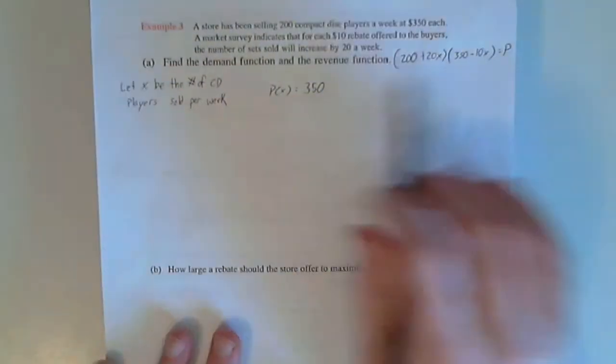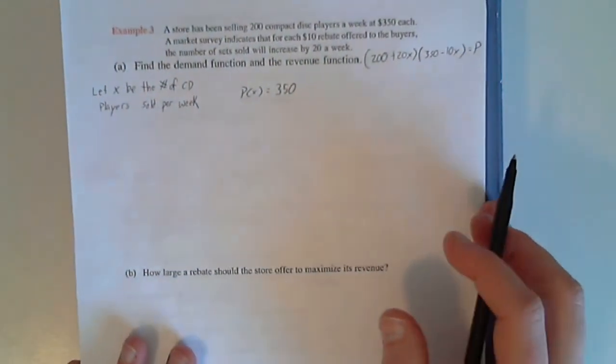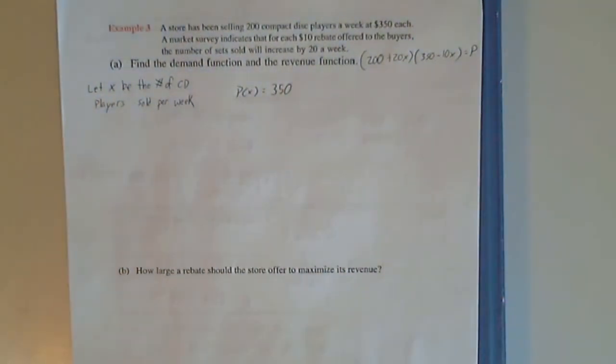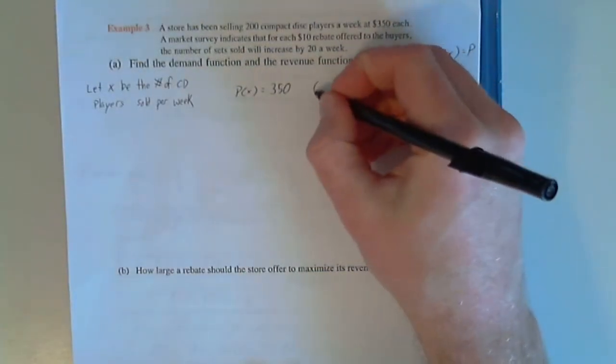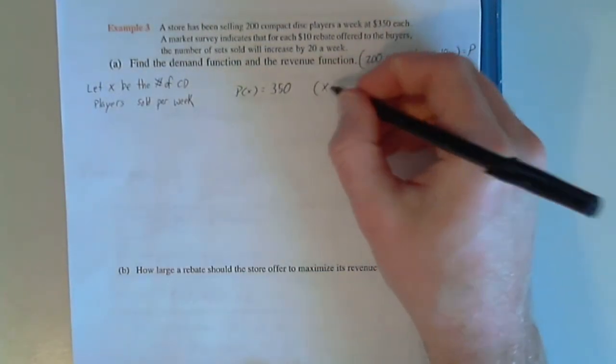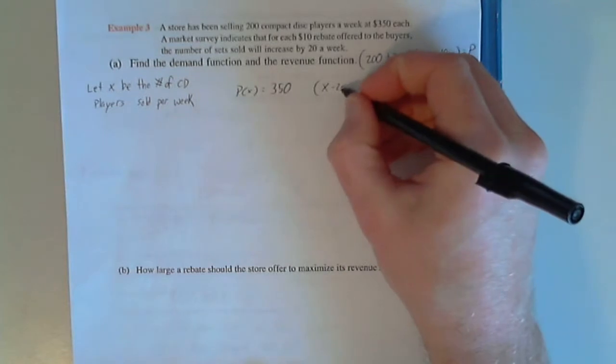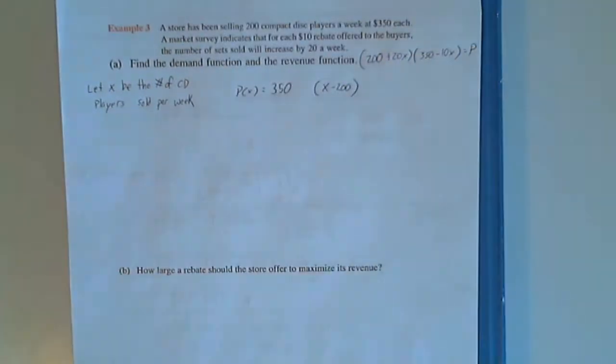Yeah, so that's our baseline, and then we need to add to it how many extra units we're going to sell and how much we're going to sell them for. So the amount of new units that we sell is going to be the amount of units sold, take away 200. It's a bit confusing. So that represents the increase in sales.